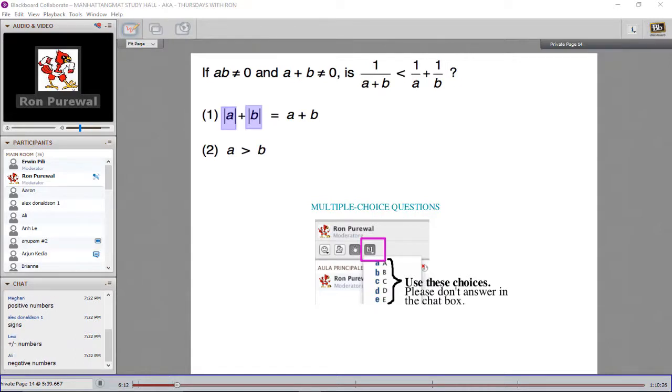Yeah, it should be signs, right? Because the absolute value is just a thing that acts differently according to the sign. So basically when you see this, this is almost like an alert to you to think about signs.